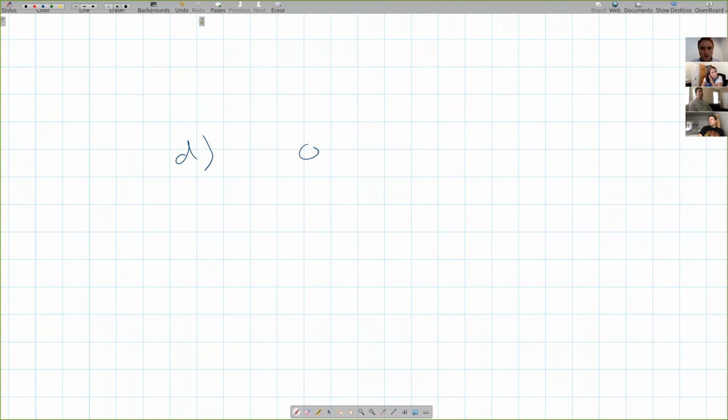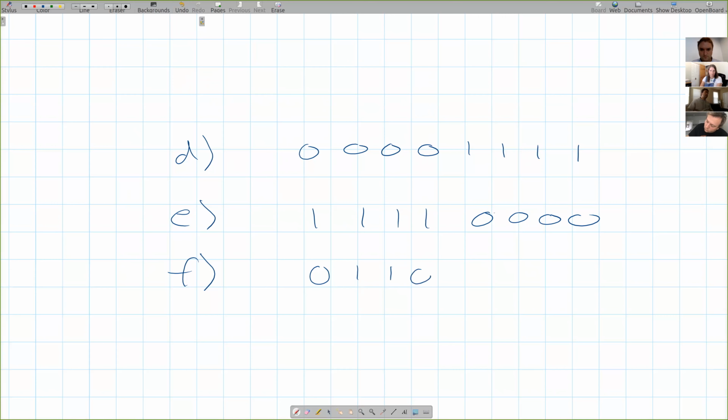This one will be, so let me line these up a little bit better. Okay, same thing. Translate these from binary to decimal.